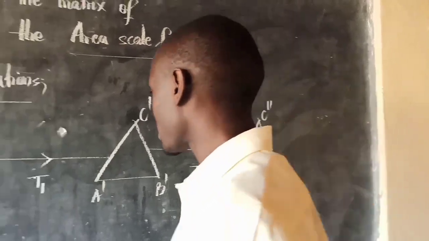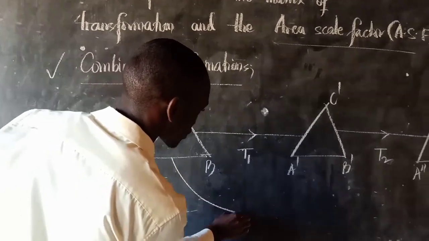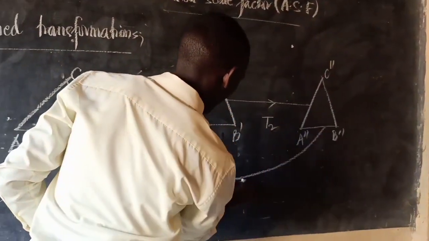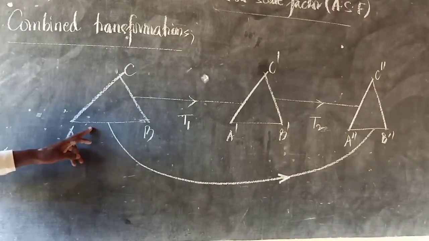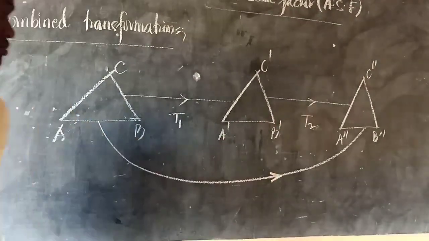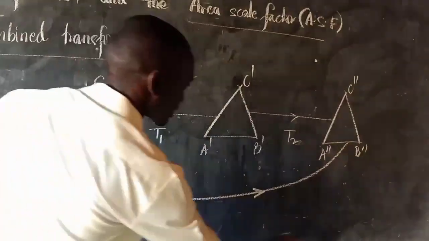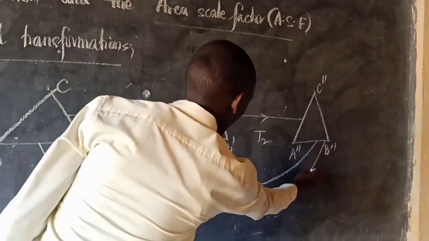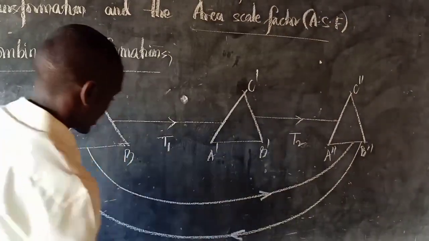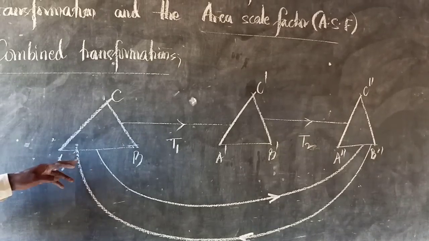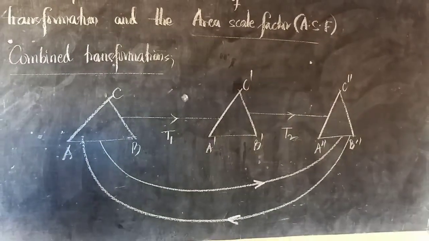A combined transformation is that transition directly from the object to the second image, and that transition directly from the second image back onto the object.